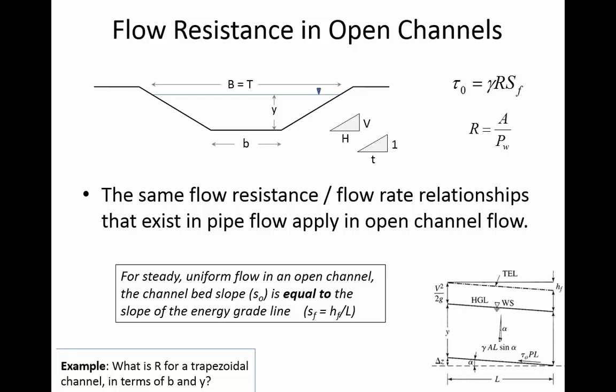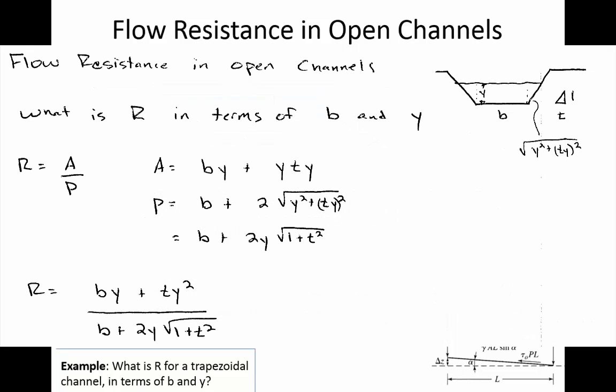Capital B, in some texts it's assigned the variable t to mean top. That is the top width. For the area, it is going to be b times y using the shapes method, where we're breaking it up into a rectangle and then two triangles. It would be plus y times t times y.